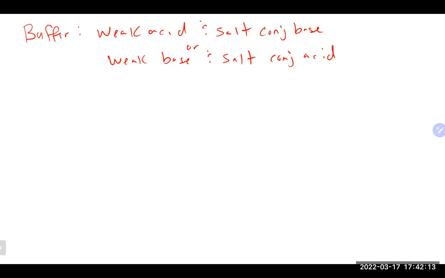Without the buffer, if you just put that acid in water, which is not a buffer, it would just generate a lot of H plus really quickly, and we would see a fairly big jump in the pH because of that. But basically, the buffer is able to react with it, prevent the formation of free H plus, and keep that H plus concentration relatively constant, and thus also keep the pH relatively constant as well.